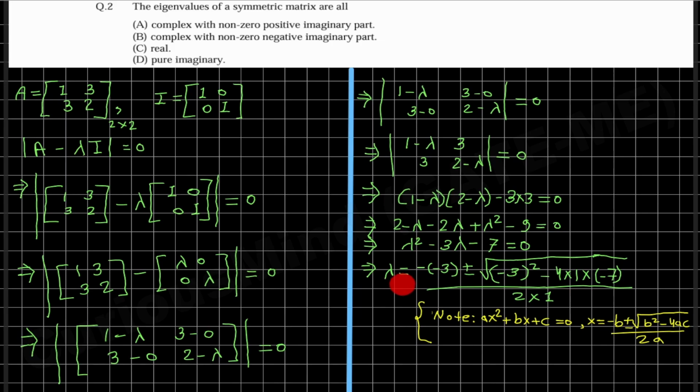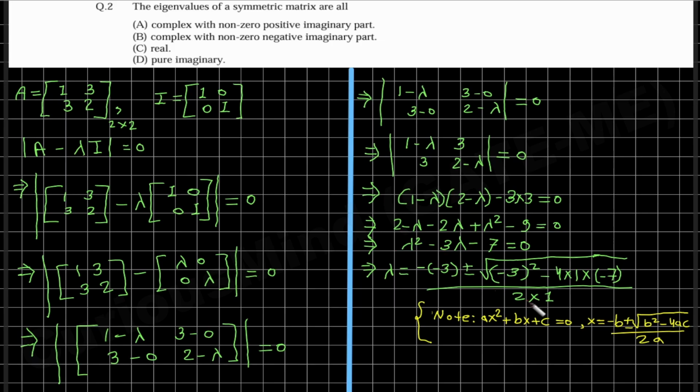Now we have the value of lambda in this form, which is the solution formula based on the quadratic equation. In general, a quadratic equation is given by ax square plus bx plus c equal to 0, and its solution formula is given by x is equal to minus b plus minus square root of b square minus 4ac, divided by 2a.